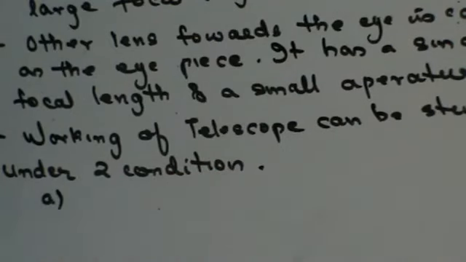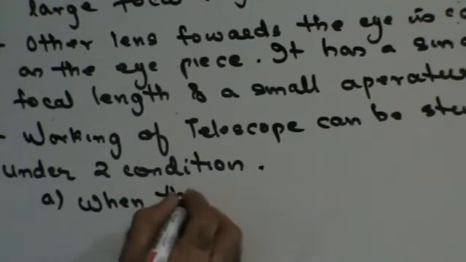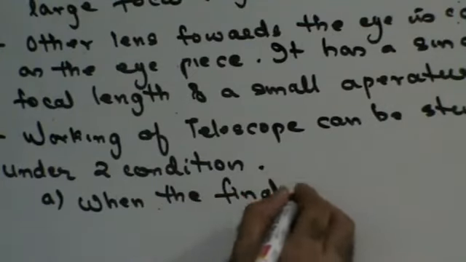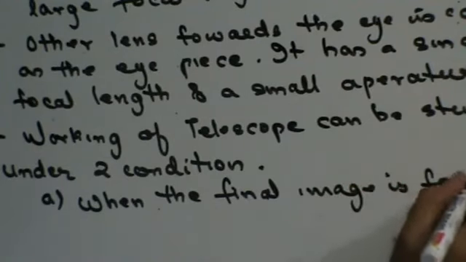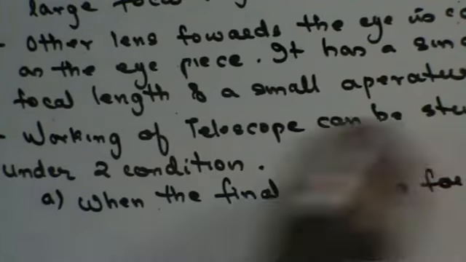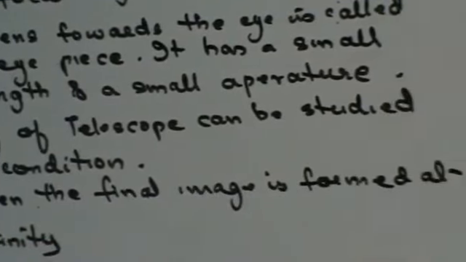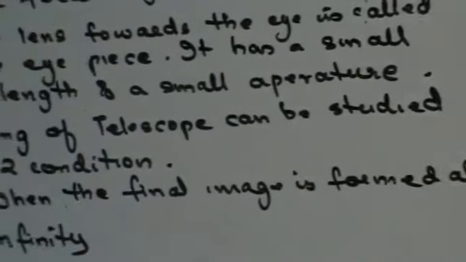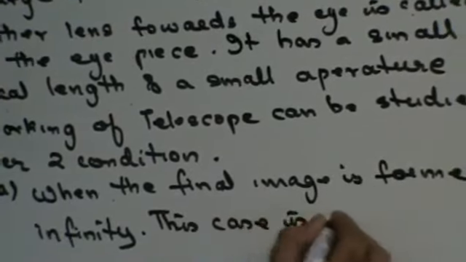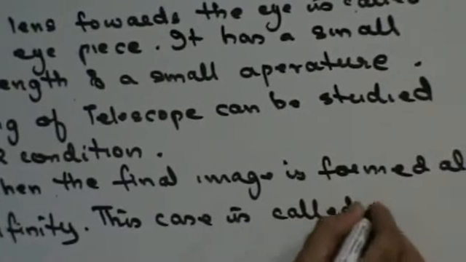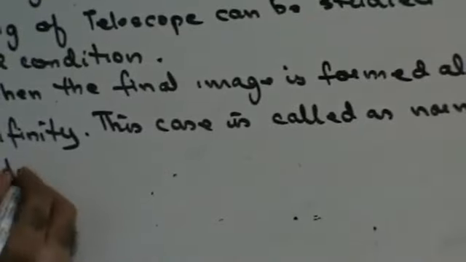One, when the final image is formed at infinity, right? This case is called as normal adjustment.